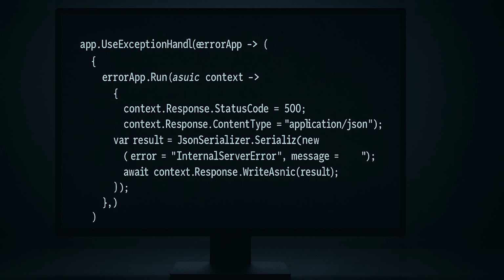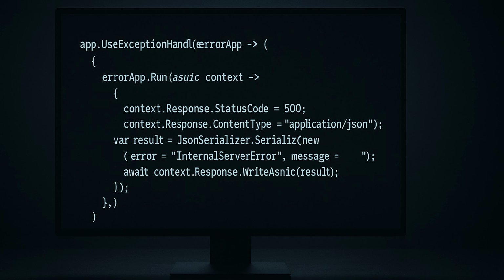Using exception middleware. In ASP.NET Core, we can handle exceptions globally using middleware. Here is a simple example. app.UseExceptionHandler, error app, run async, context.Response.StatusCode equals 500, ContentType equals application/json, var result equals JsonSerializer.Serialize, and the rest of the error.